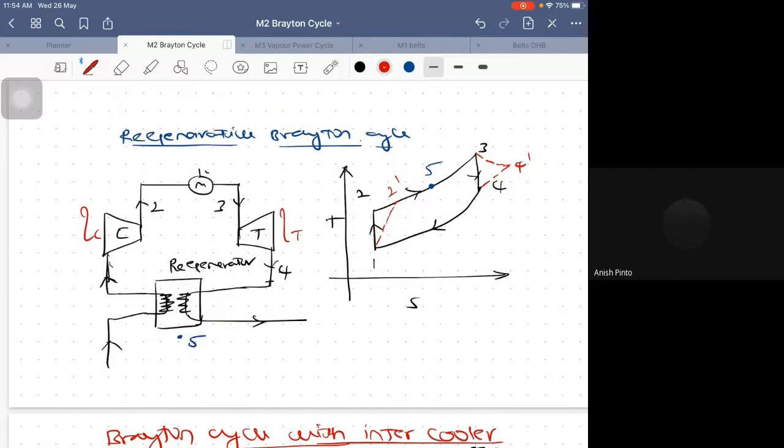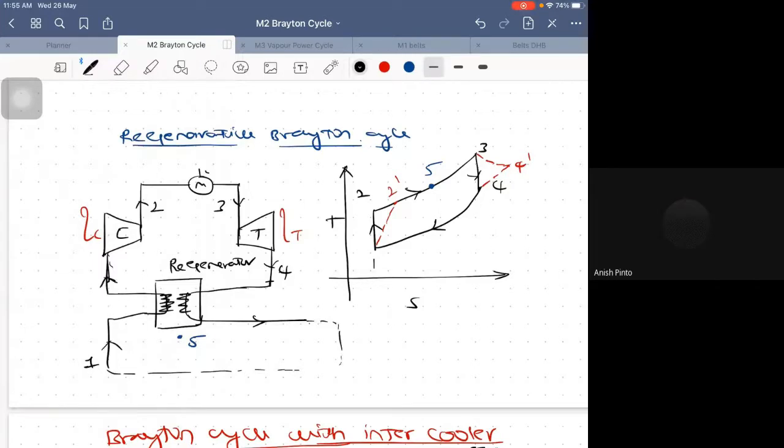Just there is an addition of state 5. So this state 5 should be between 4 and 1, no? Okay, see, assume that this would be connected like this, something like this.